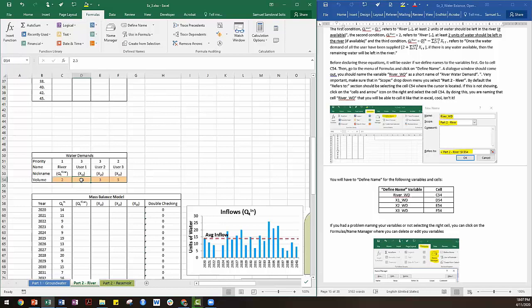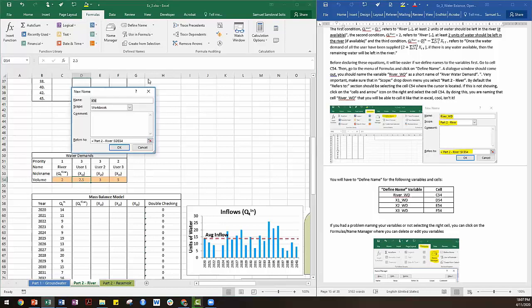We're going to do the same for the following other three. In this case it will be X1_WD, for water demand, saved in the Part 2 river sheet.